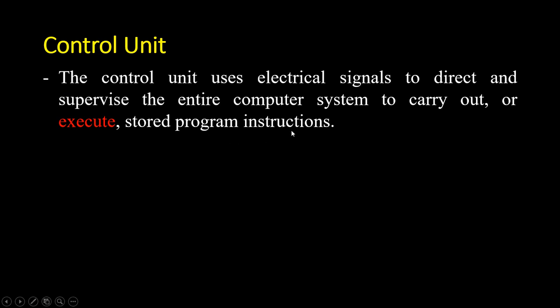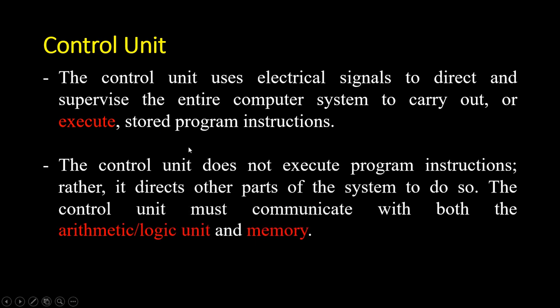And that is the definition. So we can also say that the control unit does not execute program instructions. The control unit does not. But what does it do? It directs. Itself doesn't do. It simply says do this. If you are in class, a teacher can enter and tell you to pick papers in the class.